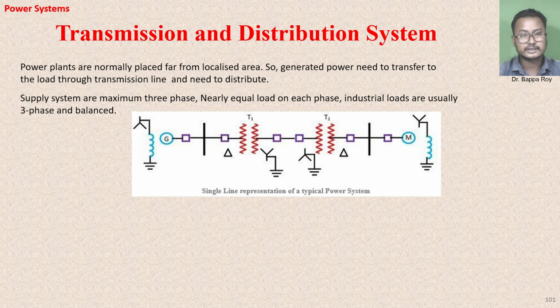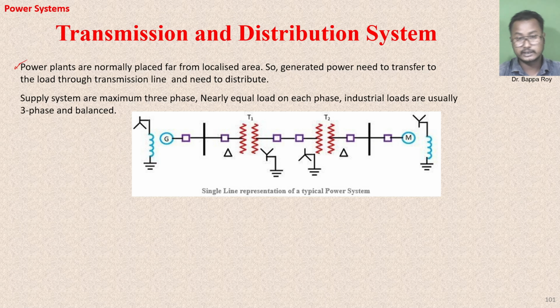So power plants are normally placed far from localized areas, because the generated power needs to be transferred to the load through transmission lines and distributed. You will never see any power plant nearby a locality, nearby your village or your town.